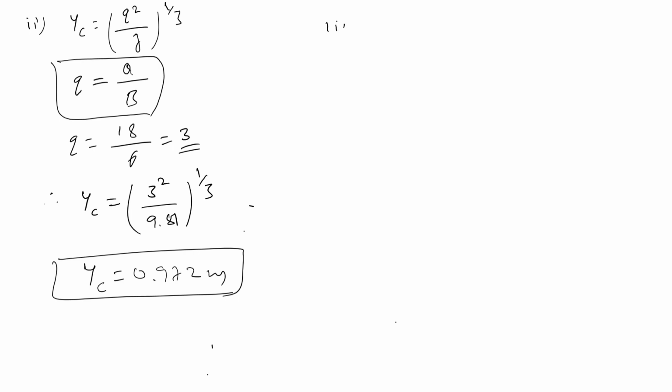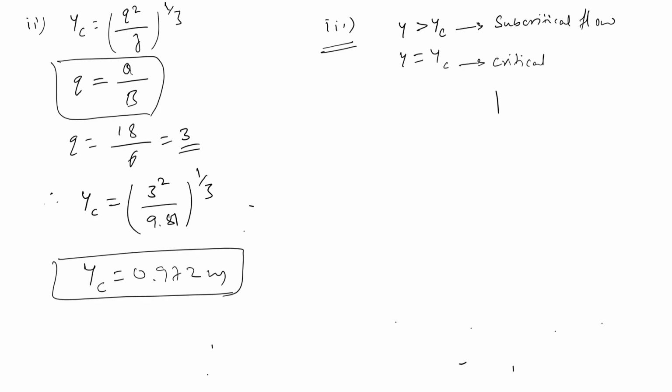For sub question 3, we have to compare critical depth and original depth. If the original depth is greater than critical depth, then the flow is subcritical flow. If y is equal to yc, then it's a critical flow.